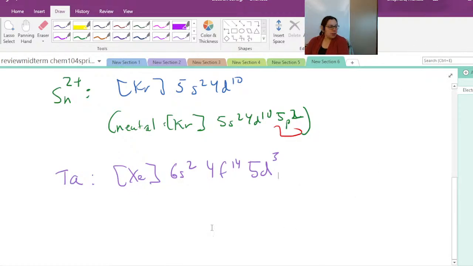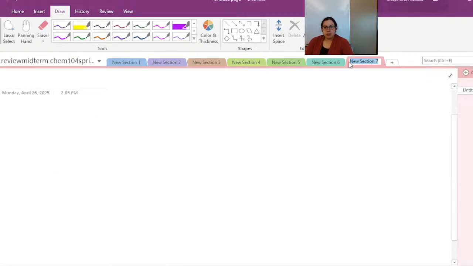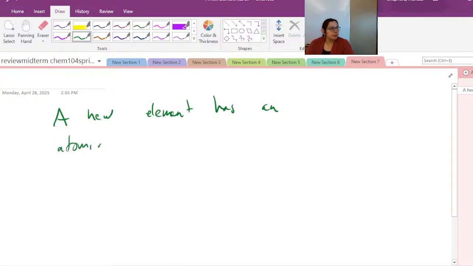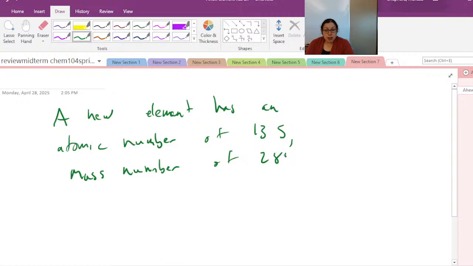All right, so let's try a similar but different question. And so now we can have probably made up elements. So I'll say a new element has an atomic number of 135, a mass number of 288.